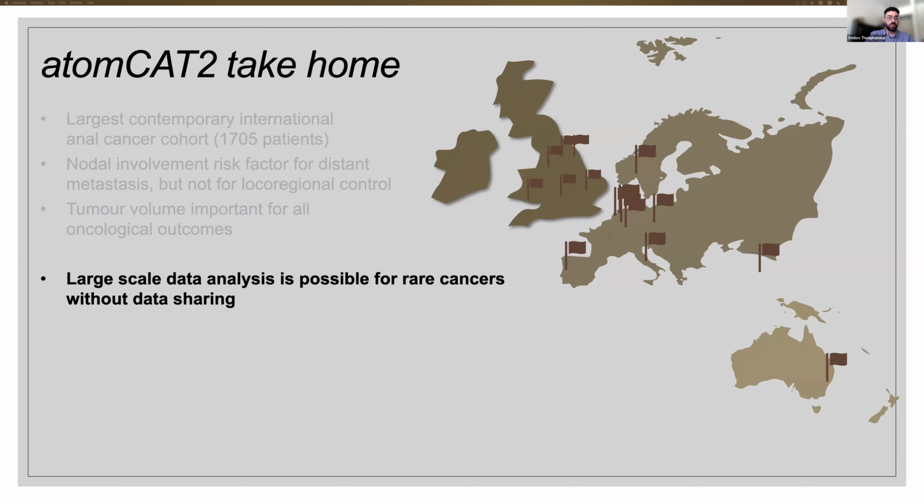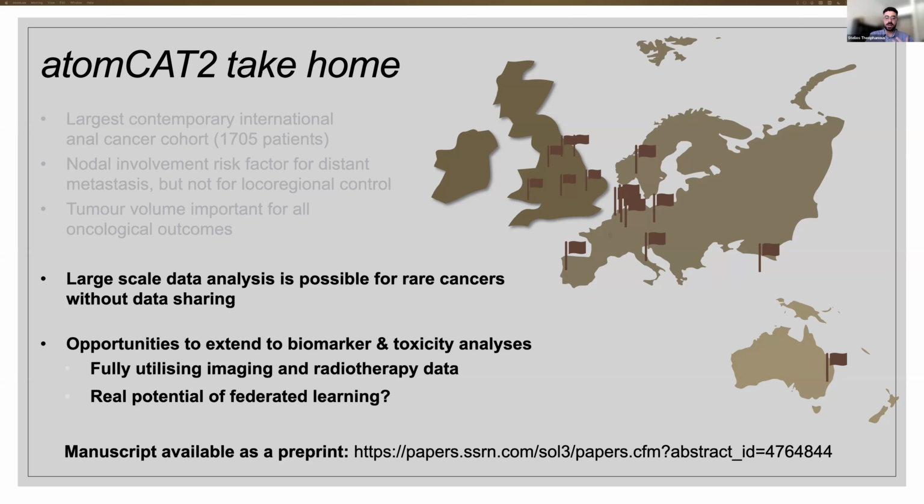More importantly, we proved that large-scale data analysis is possible for rare cancers without actually having to share individual-level patient data. And this opens up new opportunities to extend this work to more novel risk factors, including blood or imaging-based biomarkers, as well as toxicity prediction, which I think is where the real potential of federated learning lies.